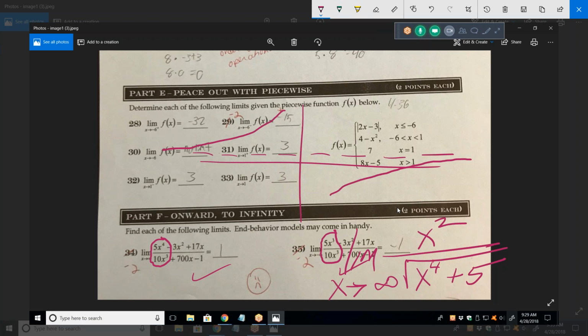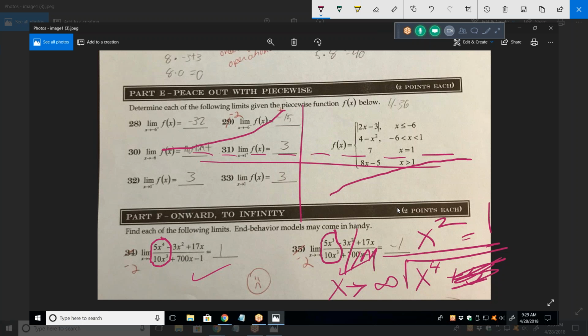In other words, you wouldn't pay any attention to that. The square root of x to the fourth is x squared. Now you have x squared over x squared. That's going to be 1. So it's a horizontal asymptote of 1. But it also has a limit of 1.